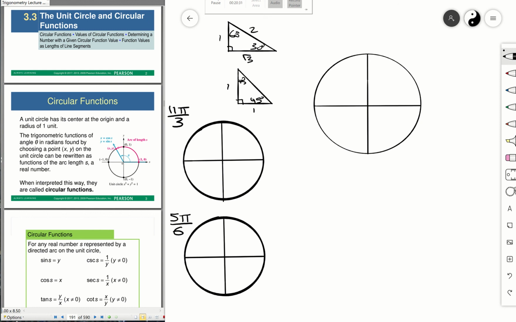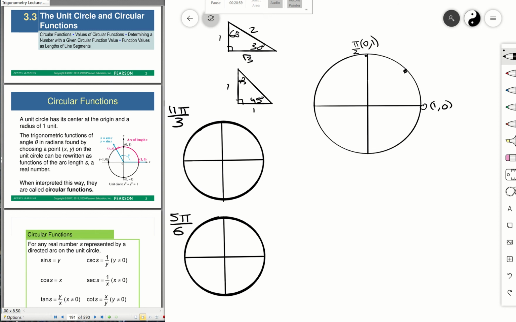So of course, for a 0 degree or 0 radian angle, the coordinates are simple. It's 1, 0. And also for a 90 degree or pi over 2 angle, coordinates are also simple. They're 0, 1.